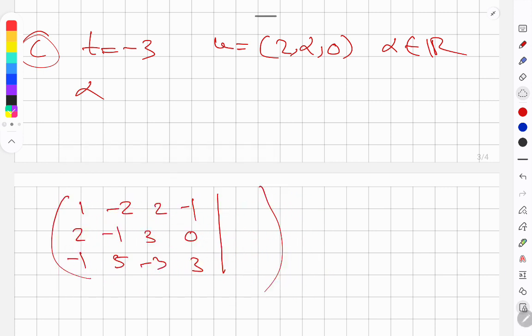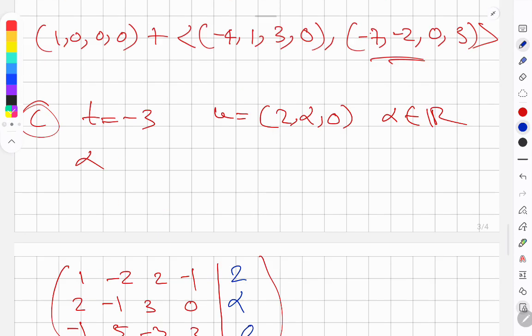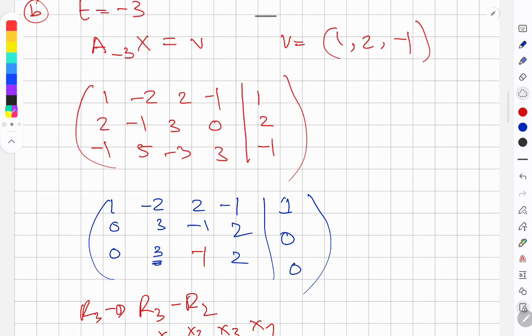I have to change this one to 2 alpha 0. First operation, you remember, I have to multiply by -2 and add it over here. So it's 1 -2 2 -1 2, no change here, 0 3. So I can copy this one.